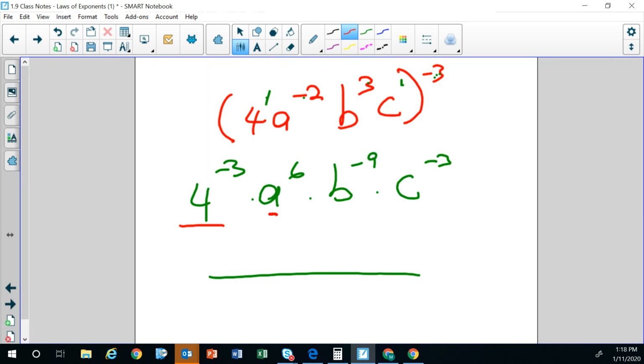This stays where it's at because it's a positive 6. This goes to the bottom because it has a negative 9. And C goes to the bottom because it has a negative 3. Okay?